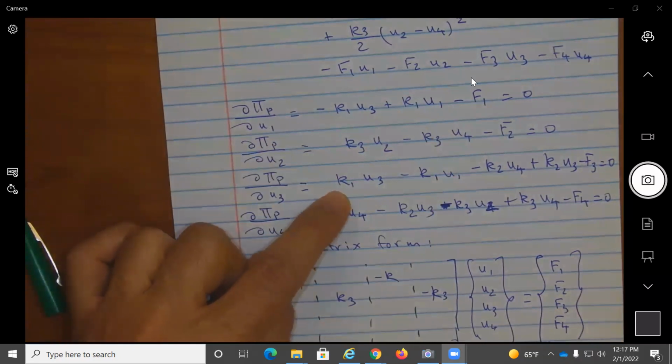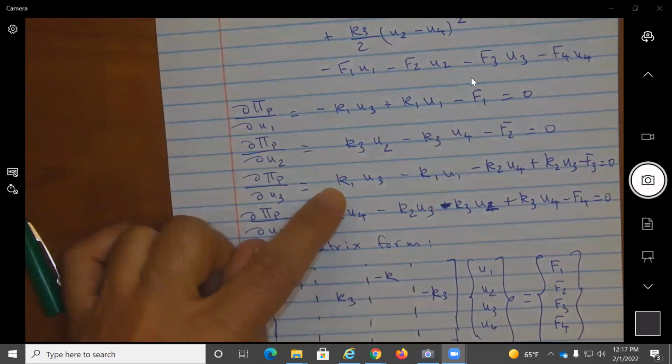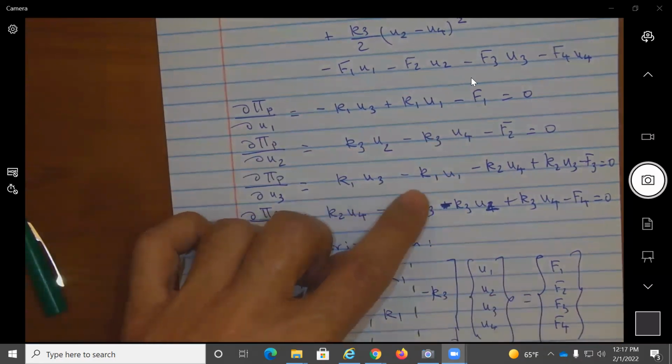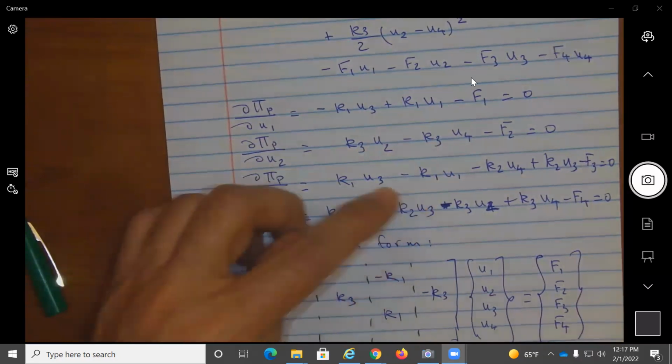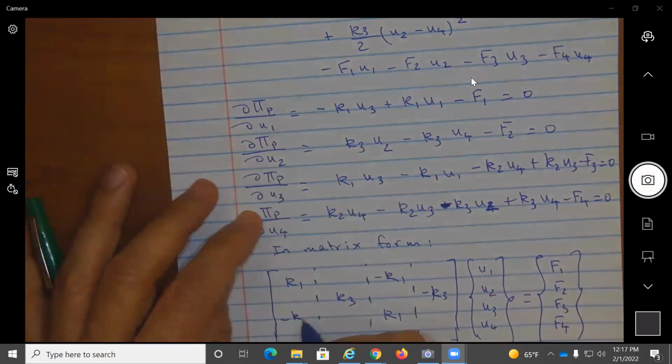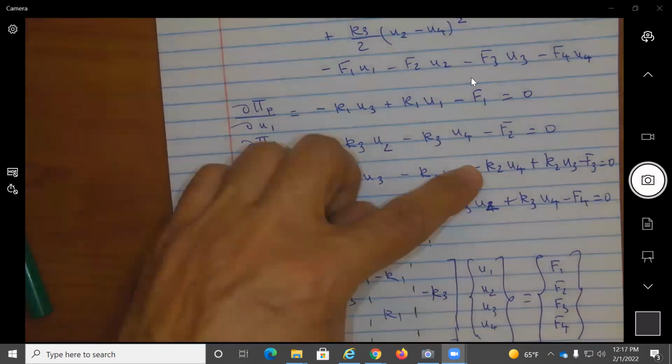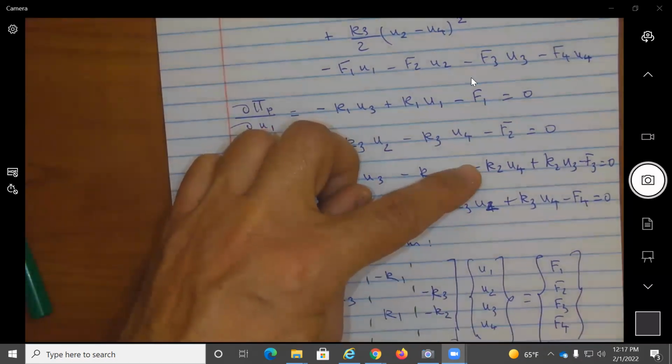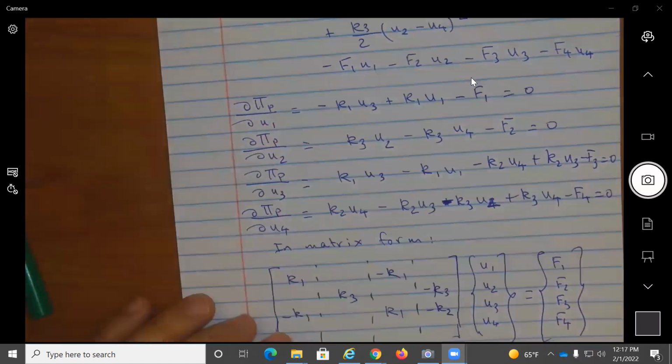For the third line, I have a k1 u3, and a minus k1 u1, a minus k2 u4, and a plus k2 u3. So there is a k1, and then there is a plus k2 here.